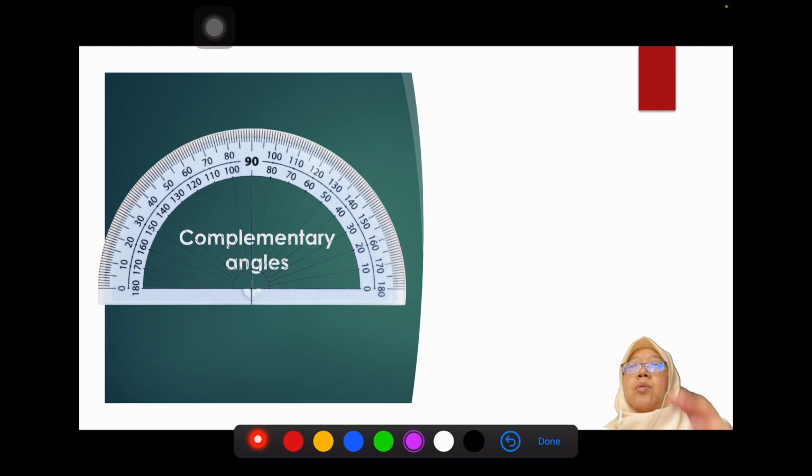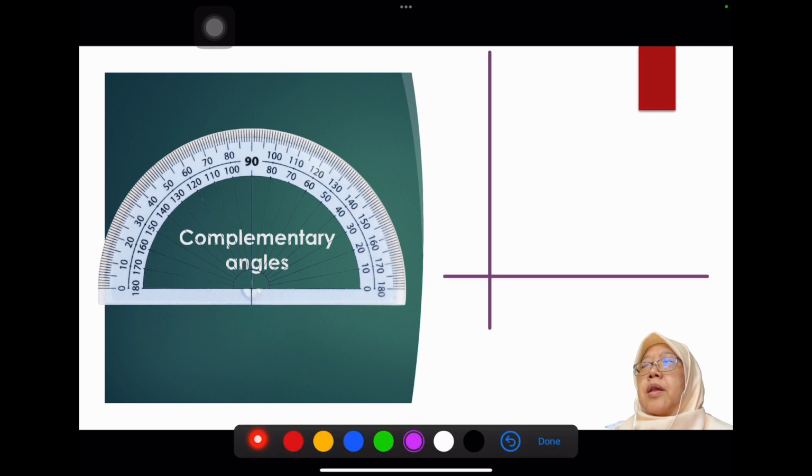So we have looked at supplementary angles for exterior angles, exterior polygons. Now let's look at complementary angles.